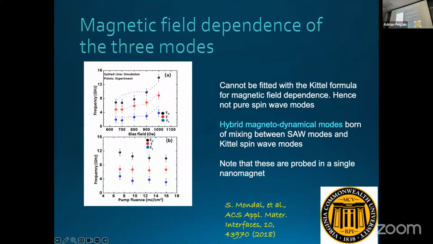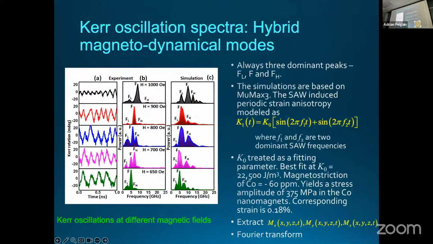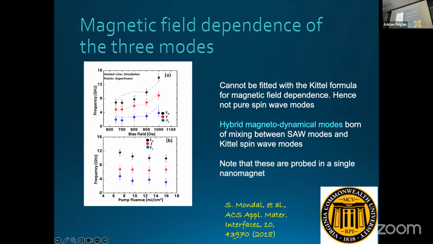All right. So now we take these modes. Keep in mind that we have 3 dominant modes, FL, F, and FH in the spectra. And so we then plot these 3 modes as a function of bias magnetic field.